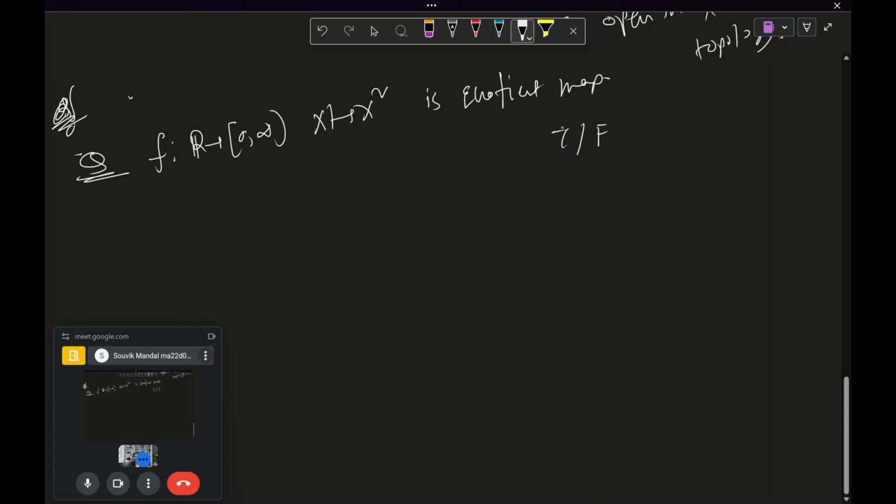True or false? So how do we check whether the map is a quotient?